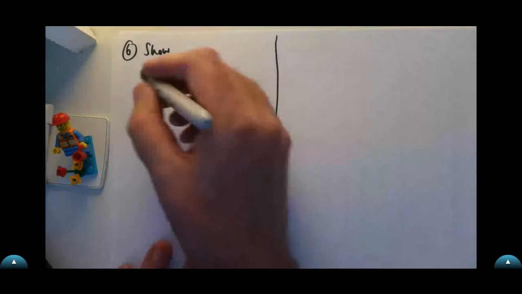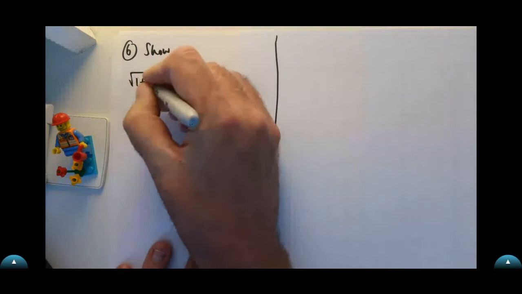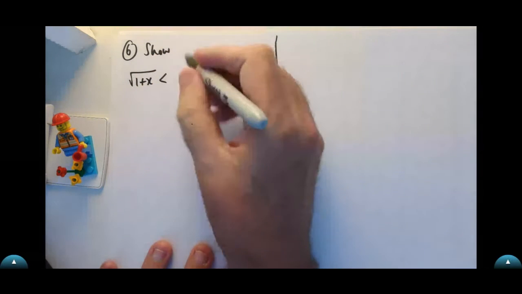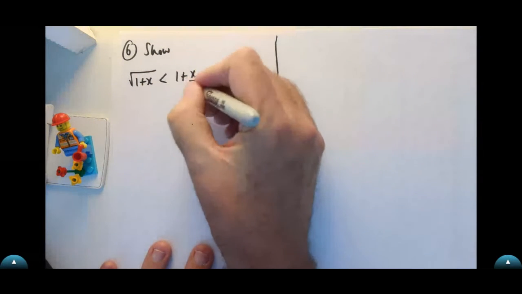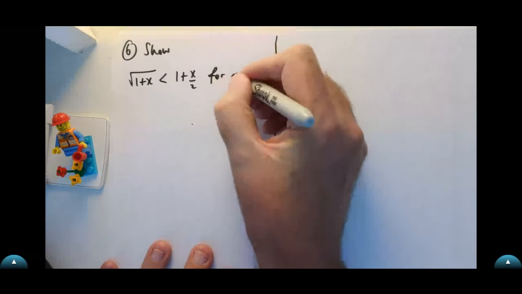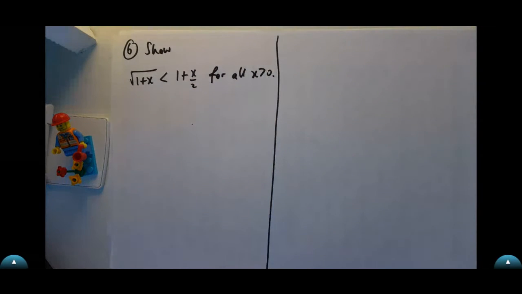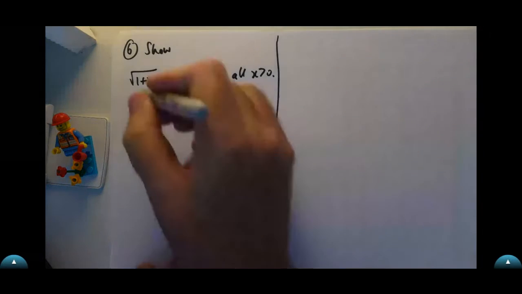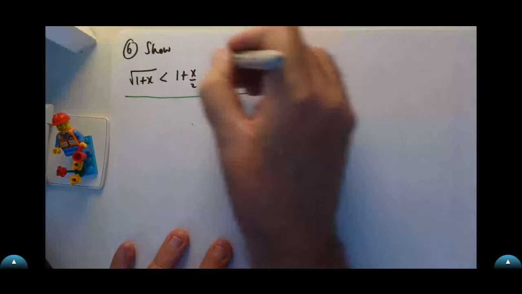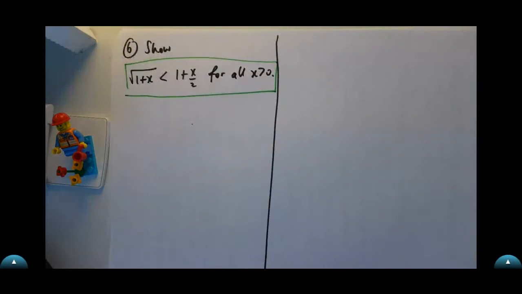Okay, so let's prove half of it, and then I'll leave the other half for you to do. Okay, so show that this inequality holds for all positive x. With these kinds of problems, there's usually a standard strategy that you employ.